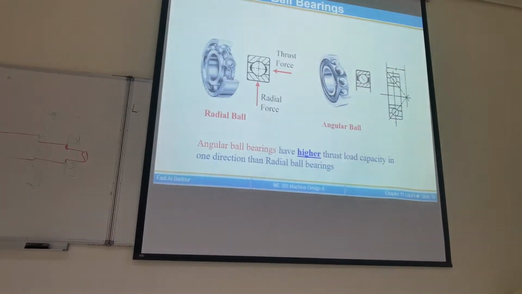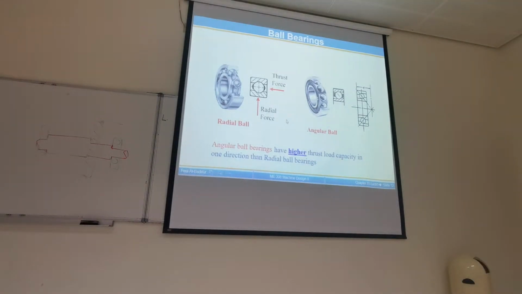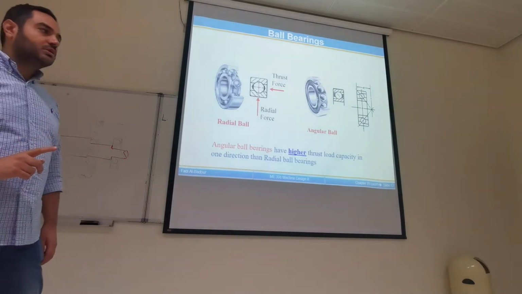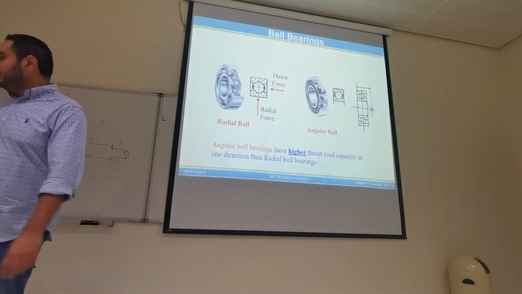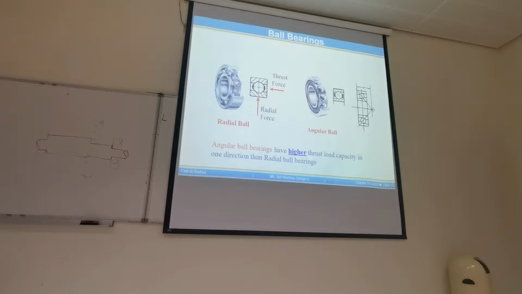Now we'll start with the ball bearing. Just to identify the radial and thrust load, these are the loads. Radial load is perpendicular to the shaft, or goes towards the center of the bearing. Thrust load is along the axis of the shaft. Where we have applications, gears induce thrust load, manufacturing machines have thrust load.